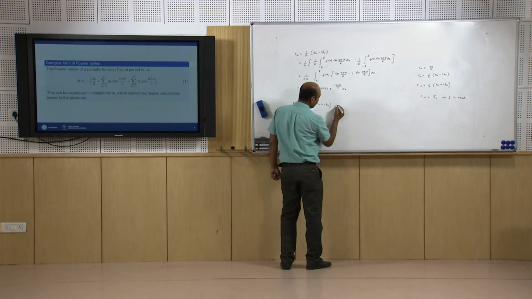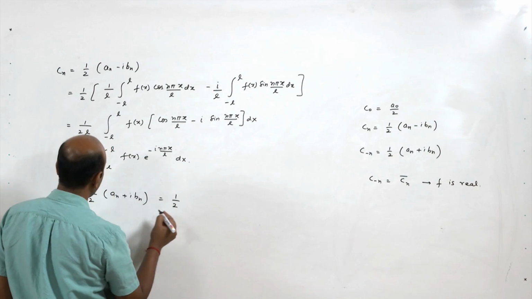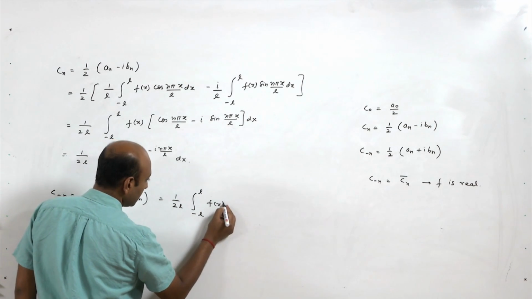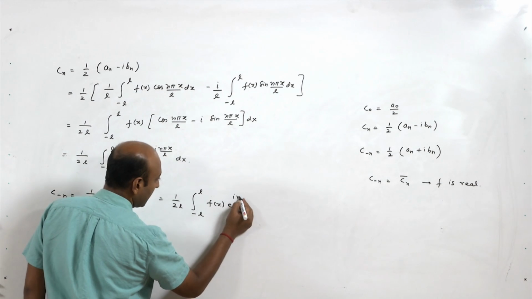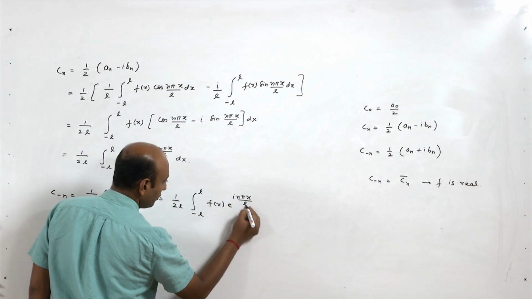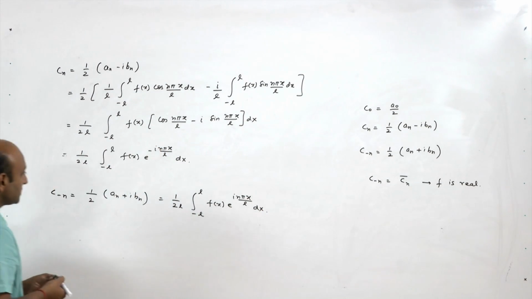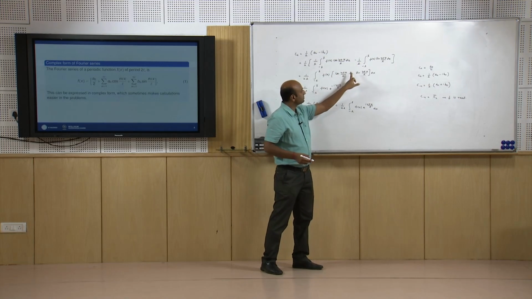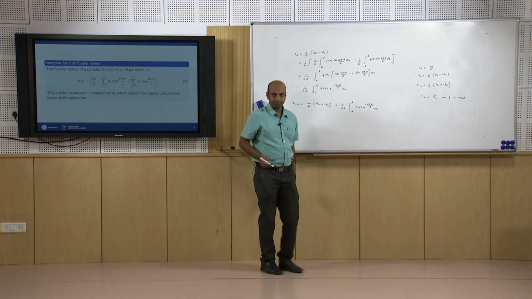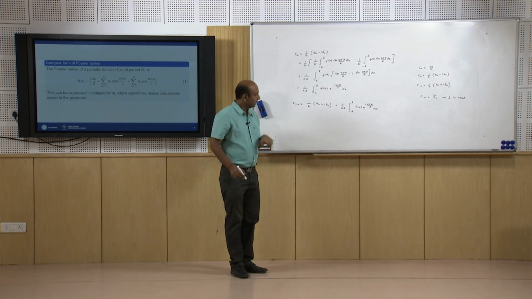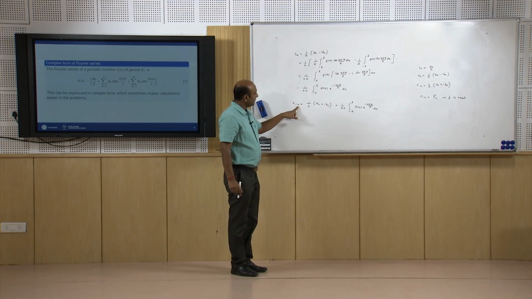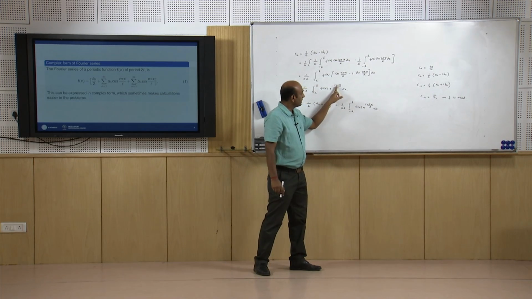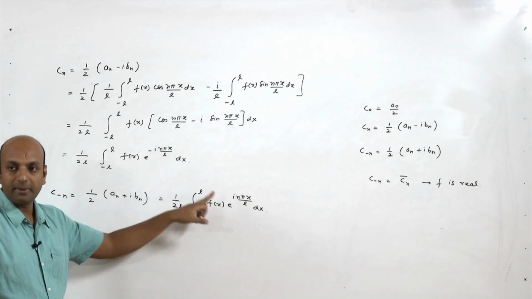When we simplify it, it is nothing but 1/(2L) integral from minus L to plus L f(x) e^(i n pi x / L) dx, because in this we have only the positive sign here instead of this negative. This is positive, this will be positive. So, C_{-n} will be nothing but simply replace n by minus n in this expression.